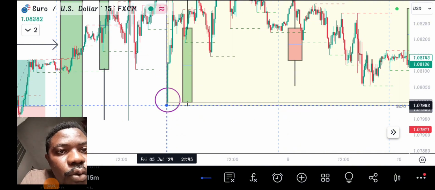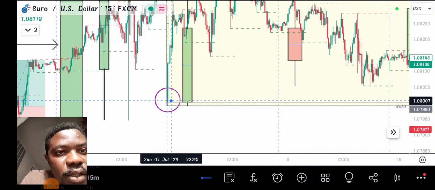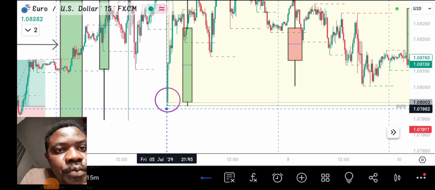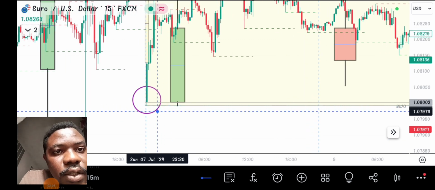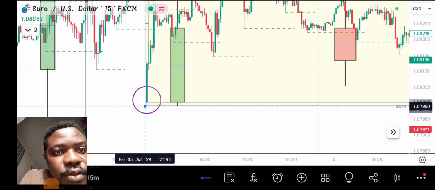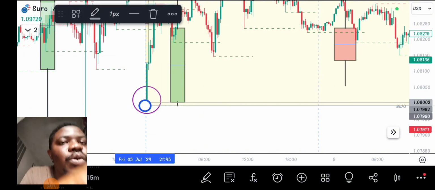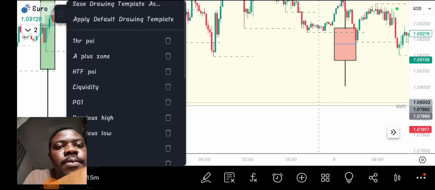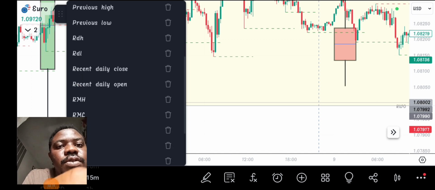We are no longer using the open of this candlestick. We are using the wick of it, which is here. So that's our low of the week, because that's the lowest point which price traded from last week. So put it recent weekly low.